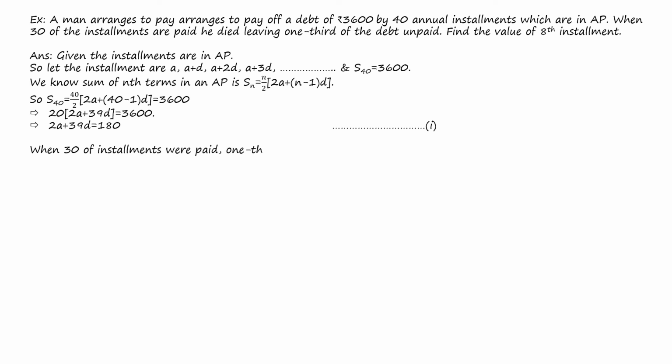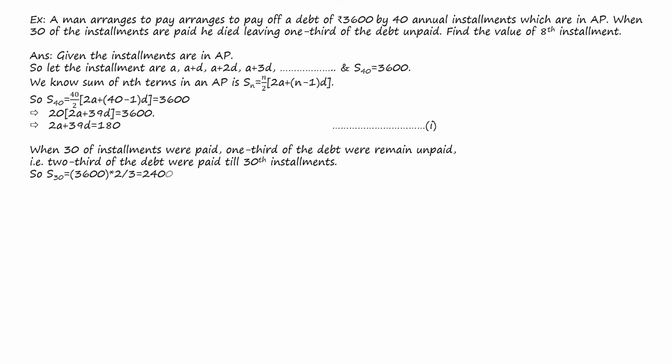Now, when 30 of the installments were paid, one third of the debt will remain unpaid. That means by then the borrower has already paid 2/3 of the debt, so we can write S30, or sum of 30 installments, is 3600 into 2 by 3, which is equal to 2400.